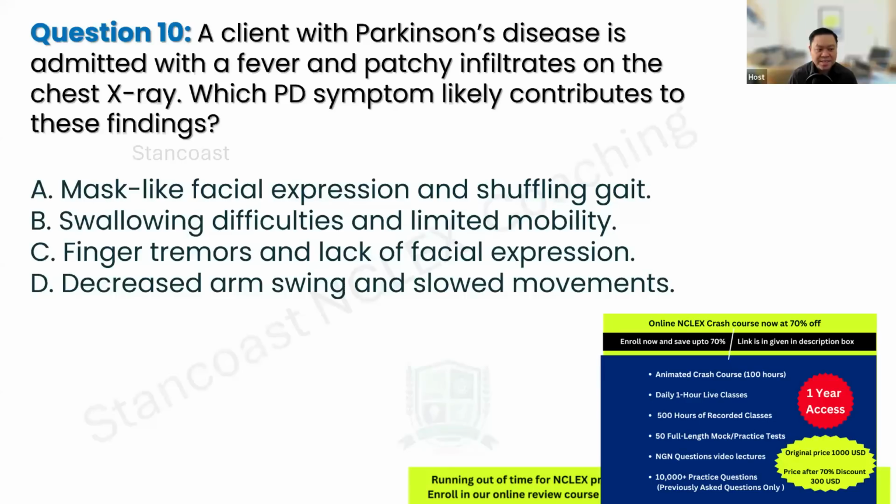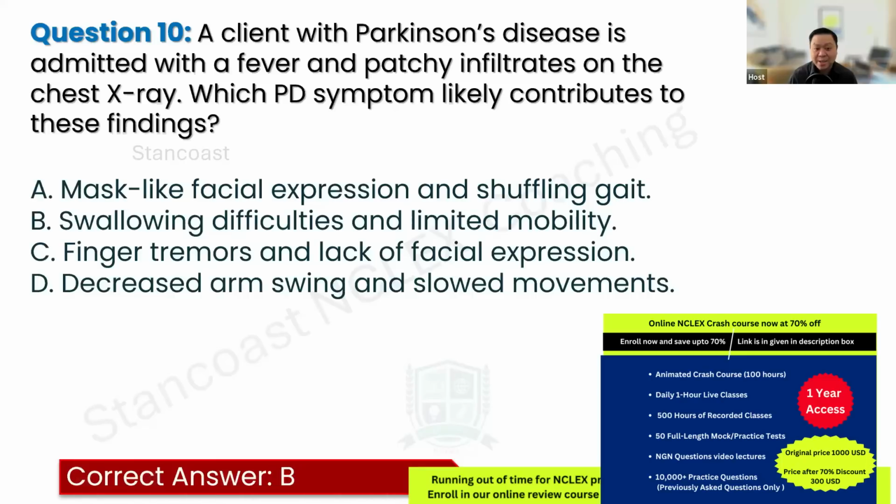And D. Decreased arm swing and slowed movements. The correct answer here is letter B. The difficulty in swallowing can raise the risk of aspiration, while their limited mobility can also increase susceptibility to pneumonia. And so these two factors contribute to respiratory complications.